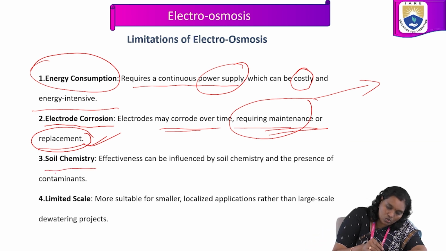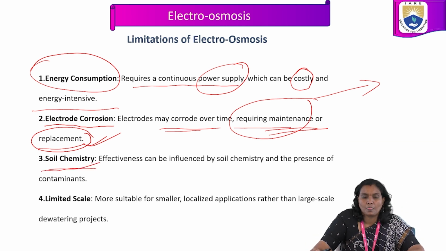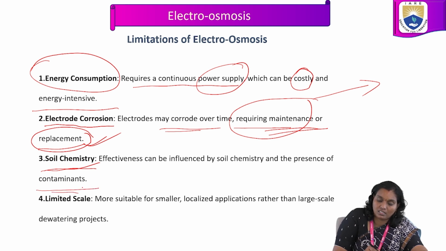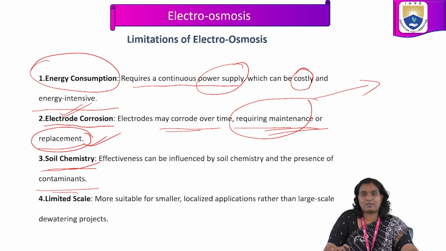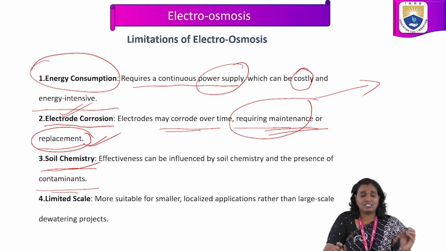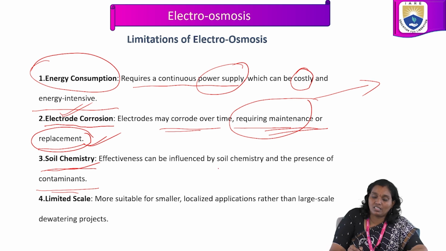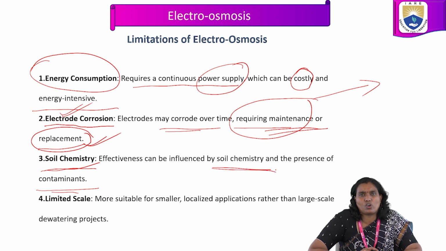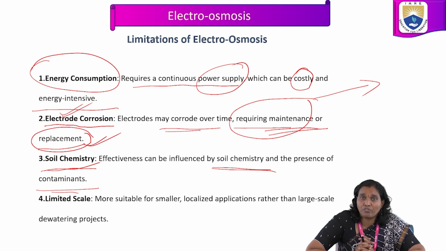The next one is soil chemistry. Effectiveness can be influenced by soil chemistry and the presence of contaminants. In some situations, when we are passing current through these electrodes, the soil chemistry is also influenced, so it may differ from what we require.